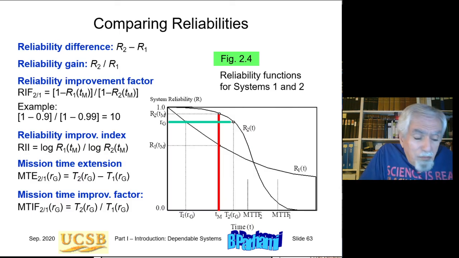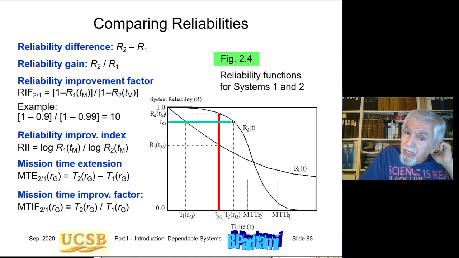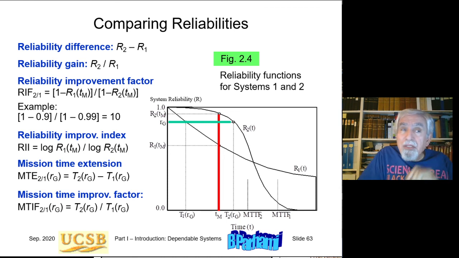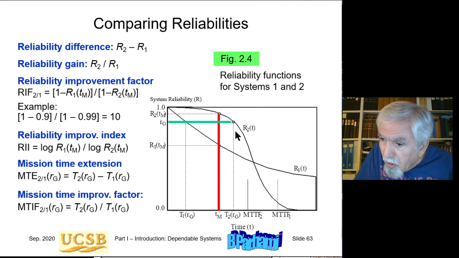Okay, when we compare reliabilities, we encounter an interesting problem that we need to resolve. Here I've shown on this chart the reliability curves for two hypothetical systems. System 1 has this reliability curve, R1(t). System 2 has this reliability curve, R2(t).